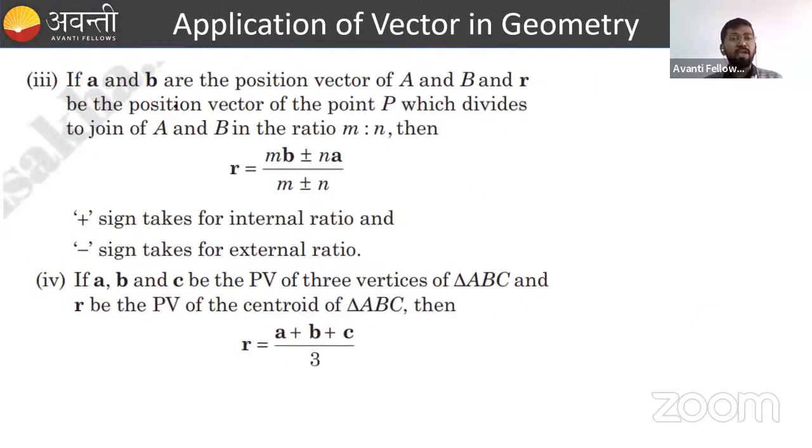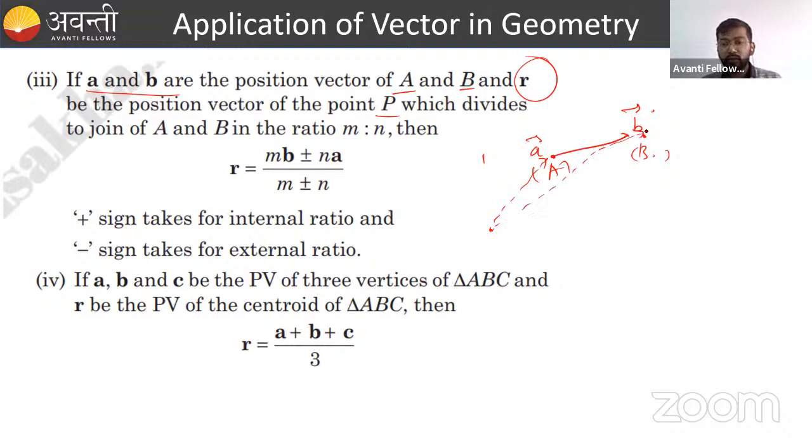Now, if A bar and B bar are the position vectors of A and B, and R bar is the position vector of point P which divides the join of AB. So here the origin is there, this is A bar, this is B bar, right?